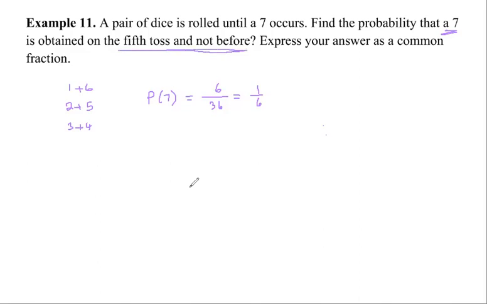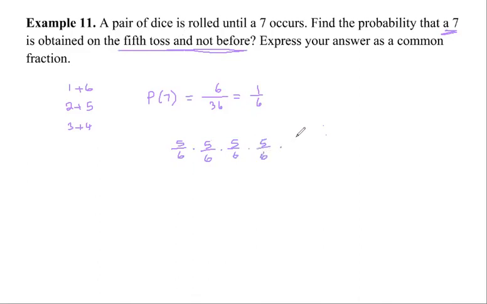Okay, so we want to get the 7 on the 5th roll, not before. So we can get a 7 with the 1 and 6 option, which means 5/6 we cannot get a 7 on the first roll. And on the second one we don't want to get 7 either. So that's 5 over 6. We don't want to get this on the 3rd or the 4th.